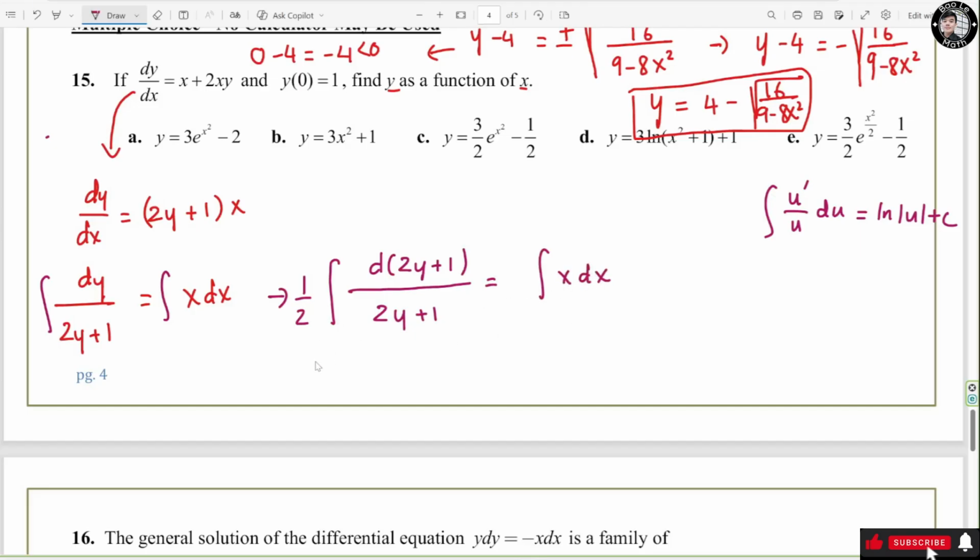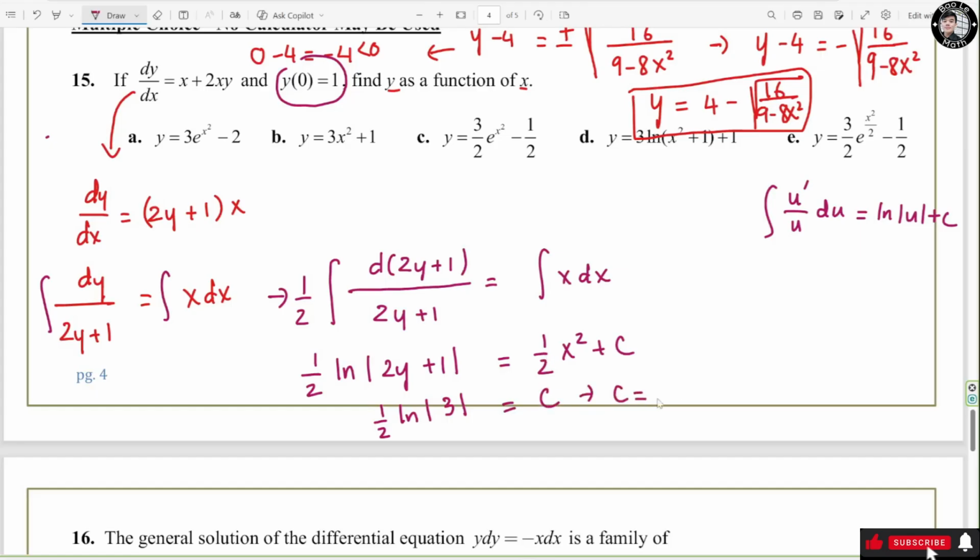Now the left hand side is going to be 1 over 2 ln absolute value of 2y plus 1. The right hand side is going to be 1 half s squared plus c, right? Now we're going to use the initial condition to solve for c. So I have 1 half ln of the absolute value of, substituting 1 for y, 3, equals, substituting 0 for s, c.